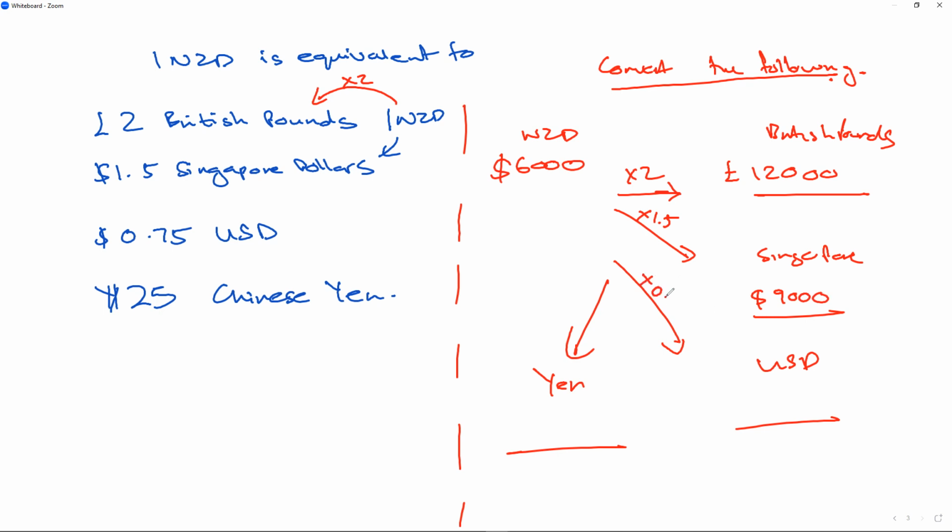Next one, 0.75, multiplied on the calculator, multiplied by 0.75 comes to 4,500. And if I want to go to the yen, I take 6,000 and I multiply it by 25. That comes to quite a big number. That's going to be 150,000 yen.